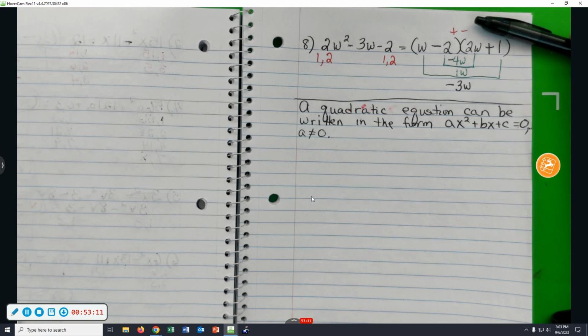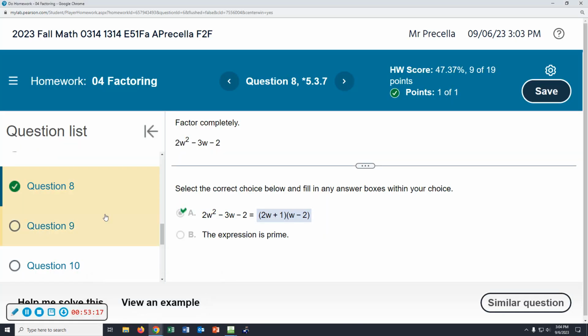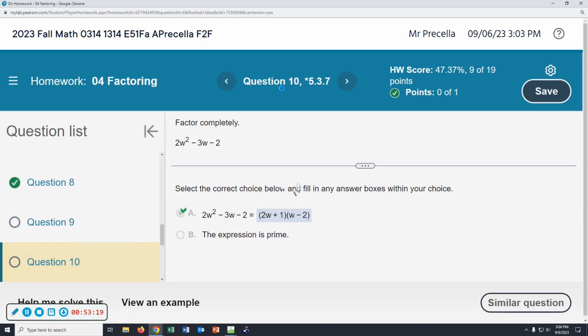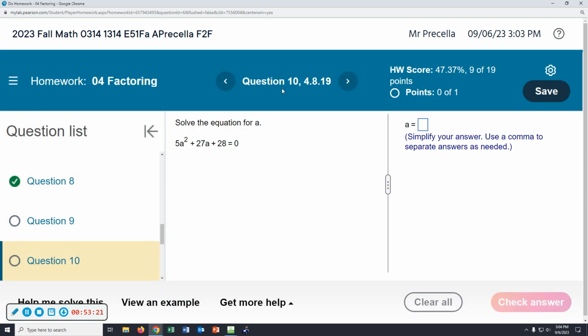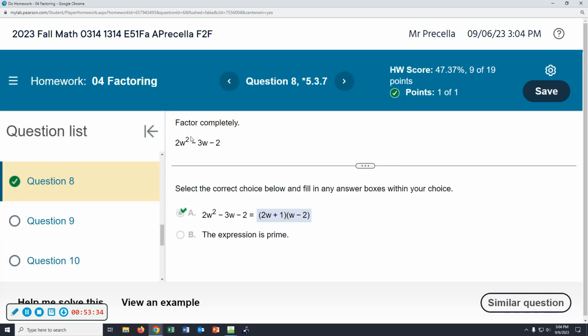Why don't you go ahead and show number 10, but I'm going to write out how we're going to go about solving it first, but my steps might make more sense if you see the problem. How does number 10 differ from number 8? It says solve the equation for a. It doesn't say factor. Number 8, all it says is factor, and notice it isn't equal to a number.